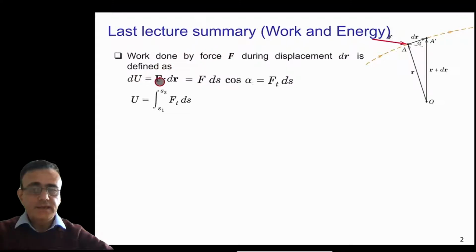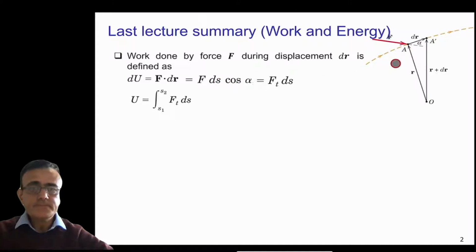So dU equal F dot dr, which is the work done by a force, is equal to the dot product of force and displacement, which can be written in this form, F ds cos alpha.